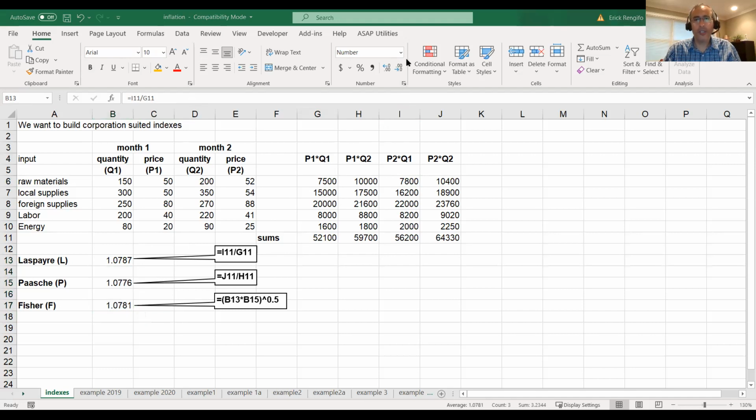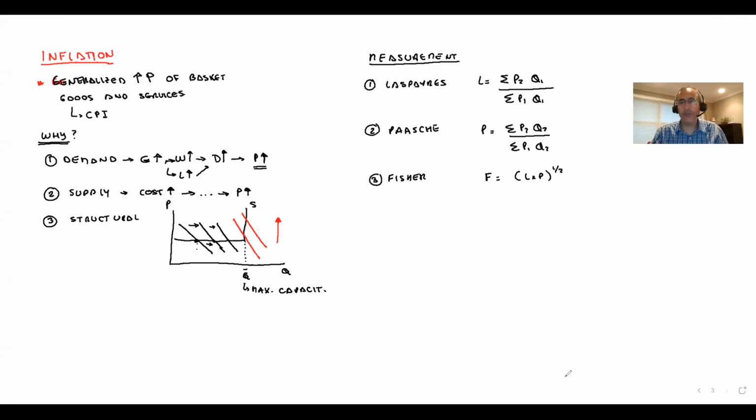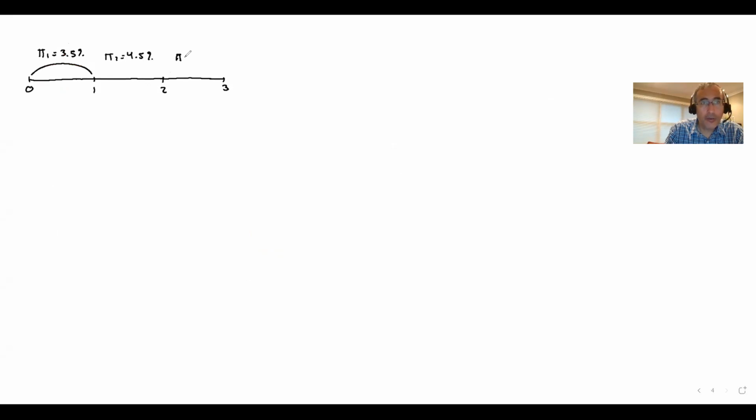Now, let's go then into the mathematical treatment of inflation. So let's assume the following, guys. Let's assume that you have period 0. Here I have period 1, period 2, and period 3. Let's assume that the inflation of this period here, I call it pi 1, equals 3.5%. This is a lot, but okay. Pi 2 is equal to 4.5%. And pi 3 equals 5%.